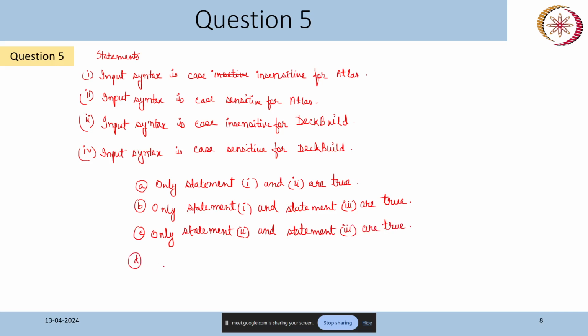Last option is option D, only statement 1 and statement 4 are true. So what is the answer?